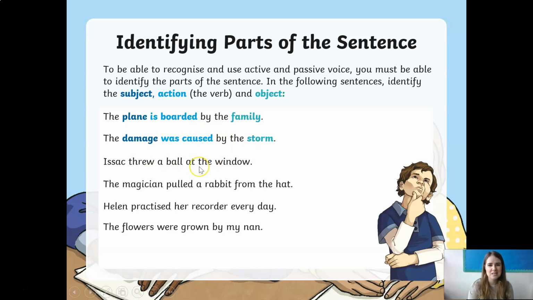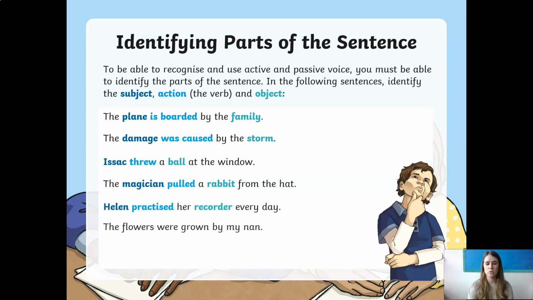Now this sentence is a slightly different one because it doesn't have the word by in it, okay? So it says Isaac threw a ball at the window. Now here we've got the magician pulled a rabbit from the hat, okay, so here we don't have the prepositional phrase.